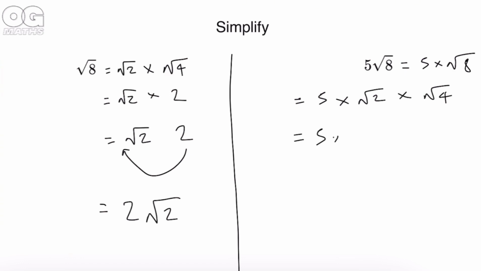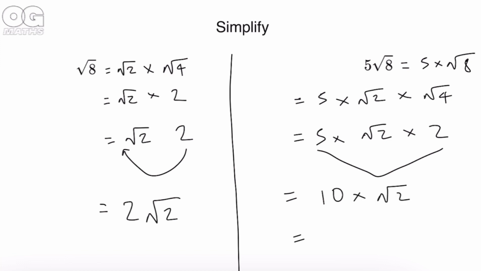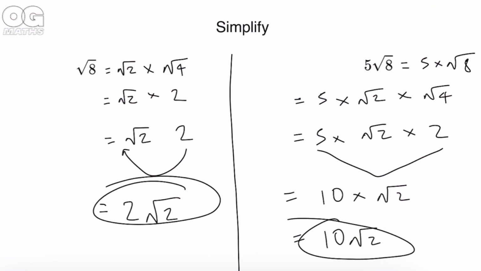That's 5 times root 2 times 2. 5 times 2 is 10, and then we're going to bring down that root 2. That becomes 10 times root 2. But remember, we don't write the multiplication sign, so that's just 10 root 2. And there is our answer. It's as simple as this.